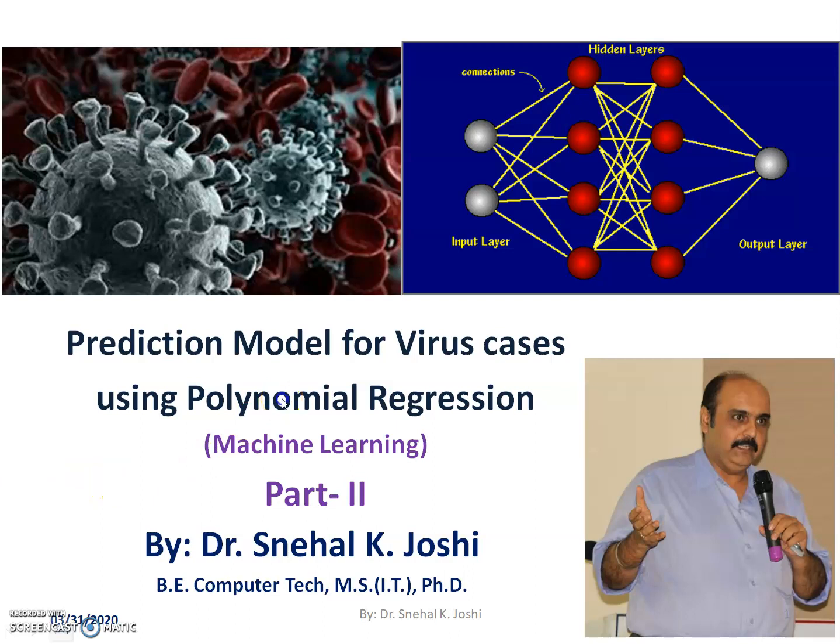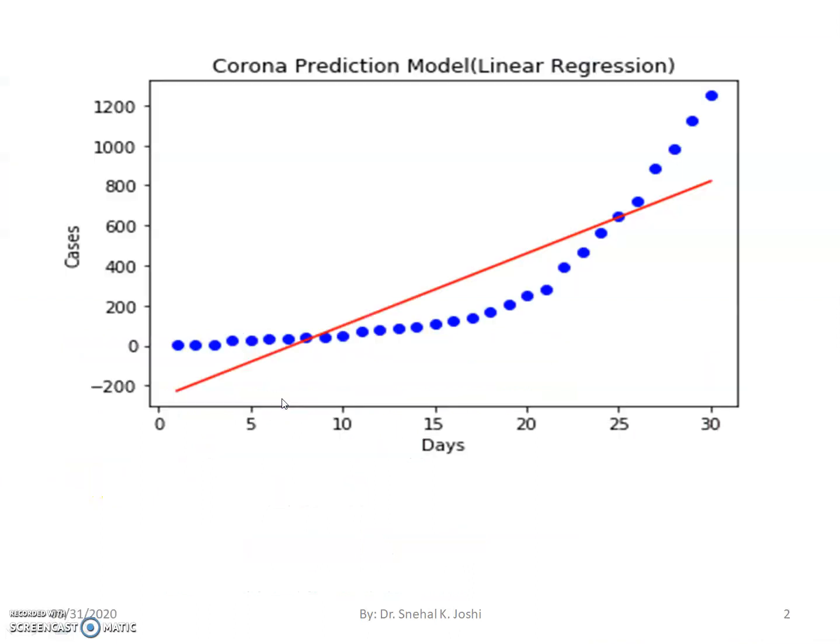So let us start with this particular section. As we saw in our linear regression model, you can view the plot that we created. This model doesn't fit and is not appropriate for the given problem, and we also saw that the relationship between days and total cases is not linear.